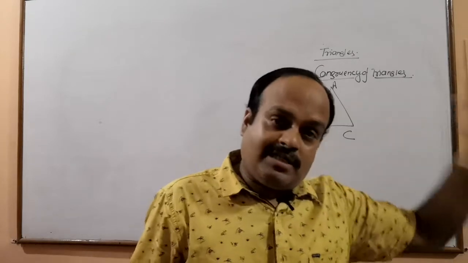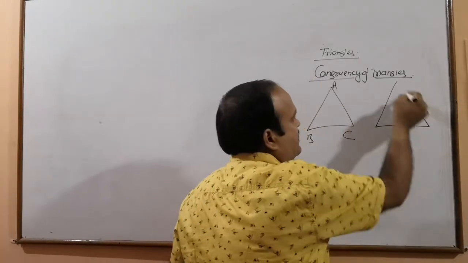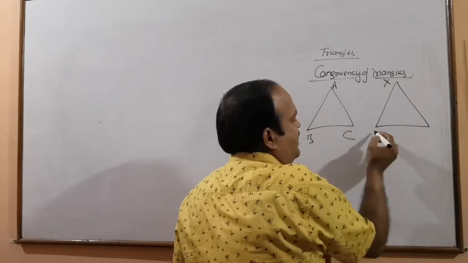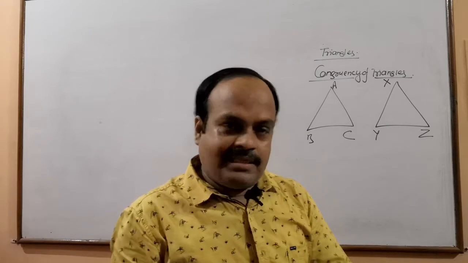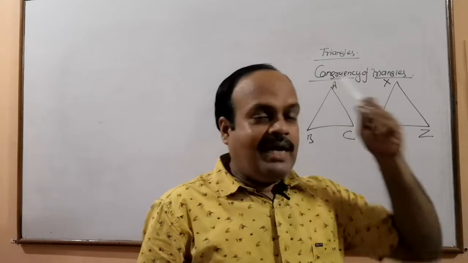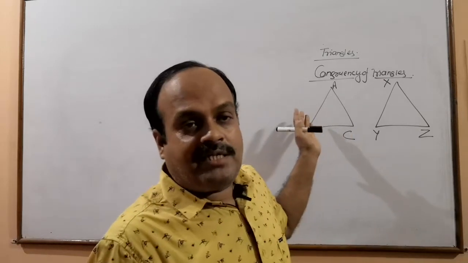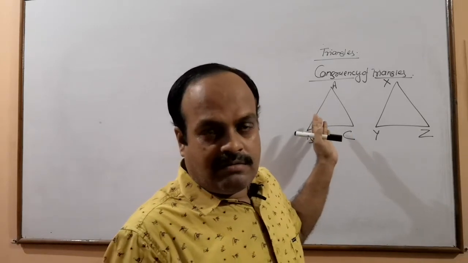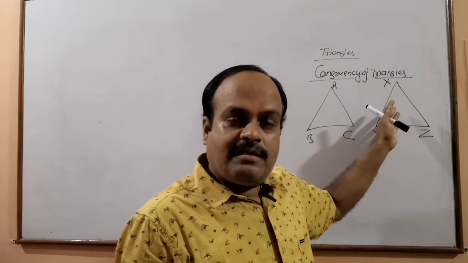Now I take the other triangle. I give the name of this triangle as XYZ. So we have two triangles, ABC and XYZ. As I said, ABC has three sides and three angles. Similarly, XYZ has three sides and three angles.